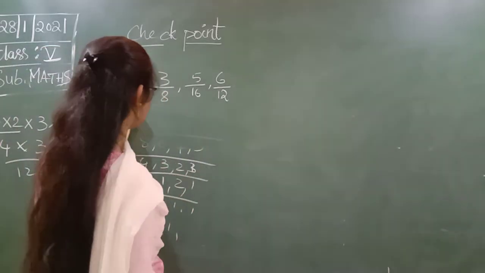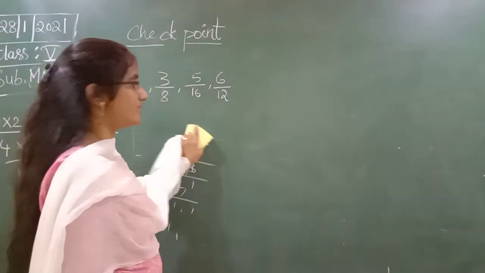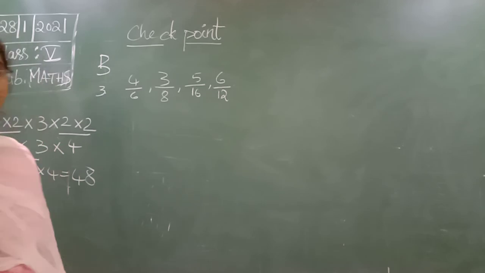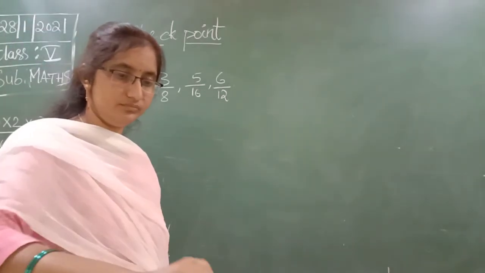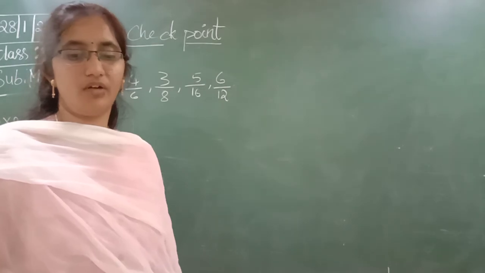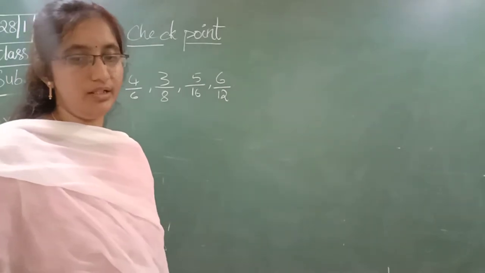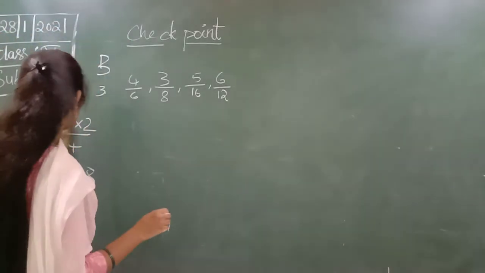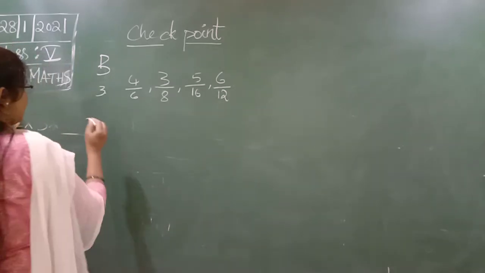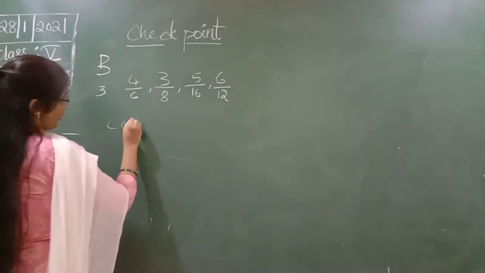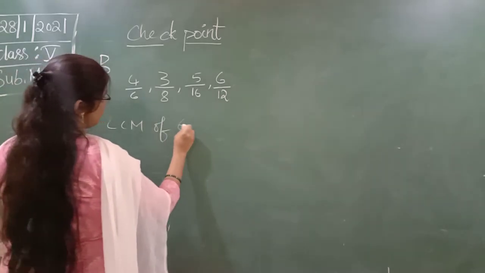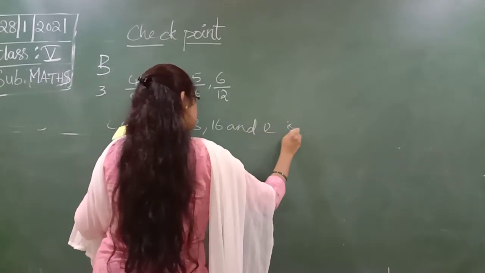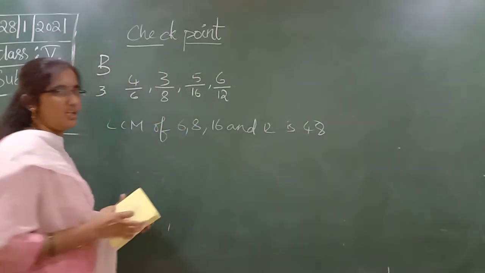Now convert the fractions into equivalent fractions with denominator 48. In previous classes we have done equivalent fractions: to form an equivalent fraction with higher terms, we multiply the numerator and denominator by the same number. So the LCM of the denominators of the fractions is 48.